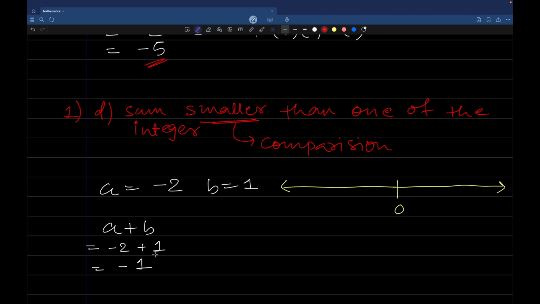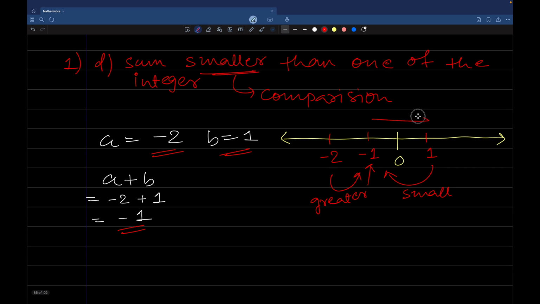Now let us compare the sum minus 1 with 1 and minus 2. We have 1 on the right side of 0, then we have minus 1 on the left side of 0, and minus 2 on the left side of minus 1. We have the sum minus 1, which is greater than minus 2 but smaller than 1.